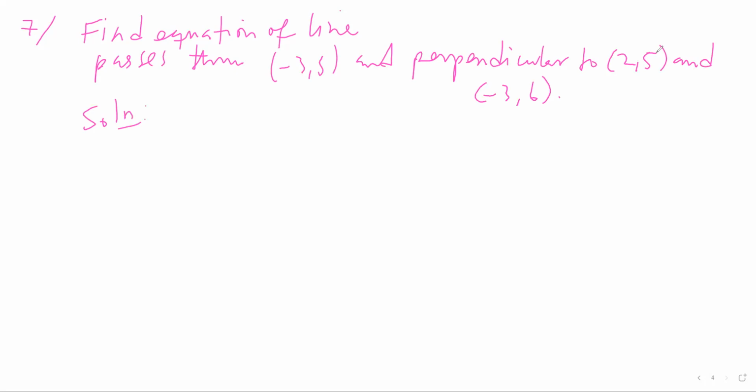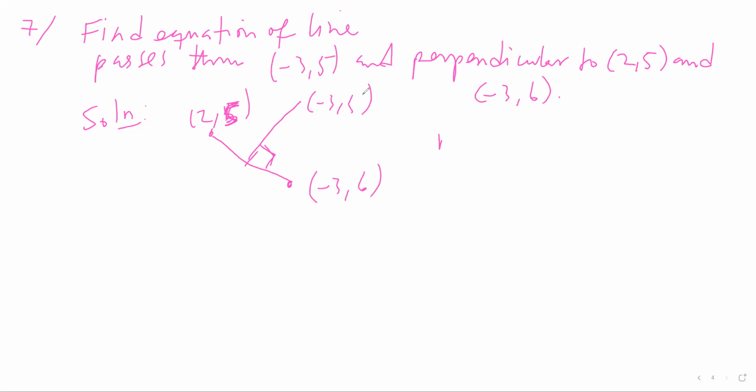Solution. So we know that we have a point A 2, 5 and another point minus 3, 6. Then we have a point minus 3, 5, which is perpendicular to these points.